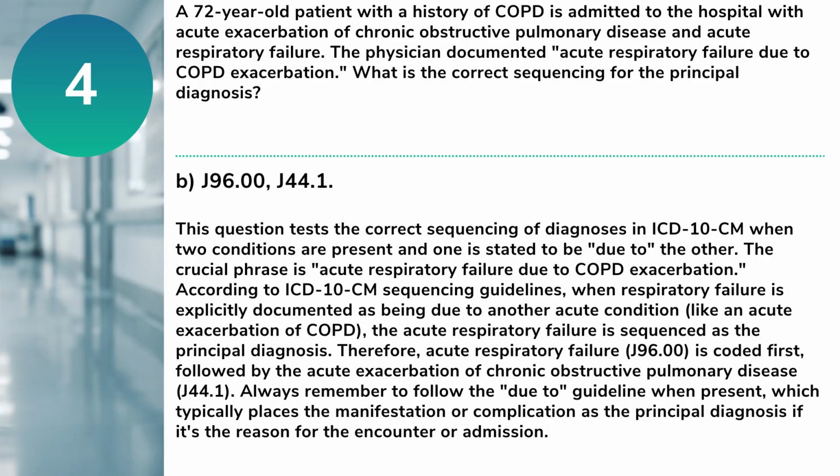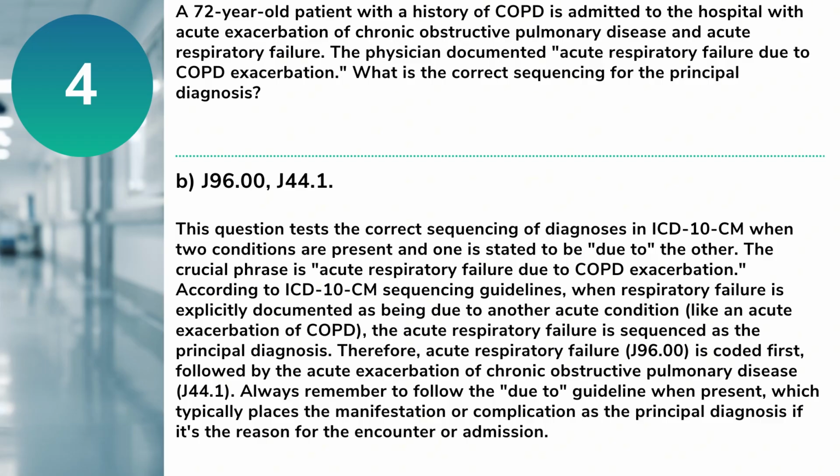stated to be due to the other. The crucial phrase is acute respiratory failure due to COPD exacerbation. According to ICD-10-CM sequencing guidelines, when respiratory failure is explicitly documented as being due to another acute condition, like an acute exacerbation of COPD, the acute respiratory failure is sequenced as the principal diagnosis.